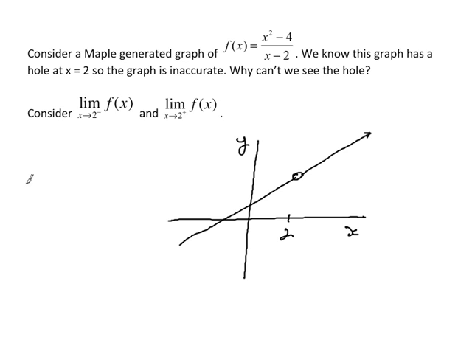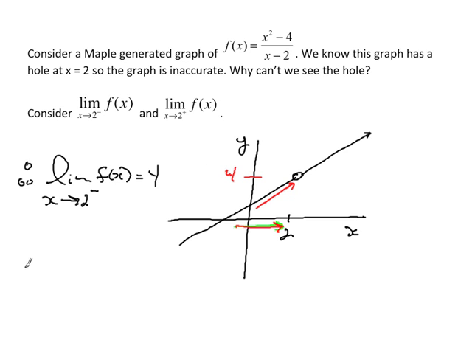So, therefore, I can say the limit as x approaches 2 from the left of f of x equals 4. As x gets infinitely close to 2, oops, I don't want green, I want red. Infinitely close to 2, this function gets infinitely close to 4.